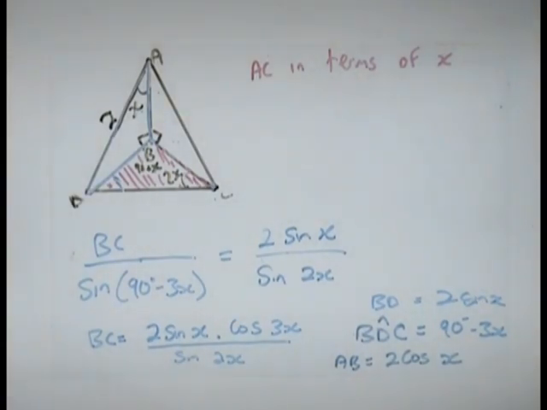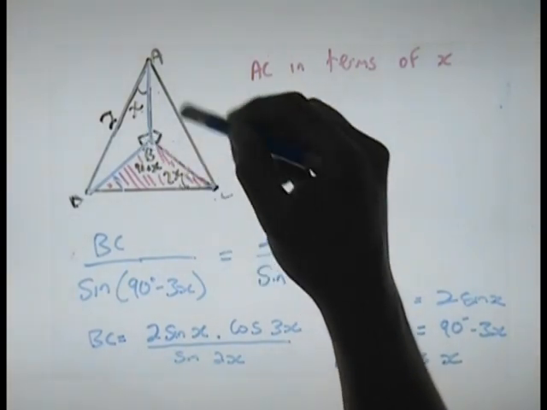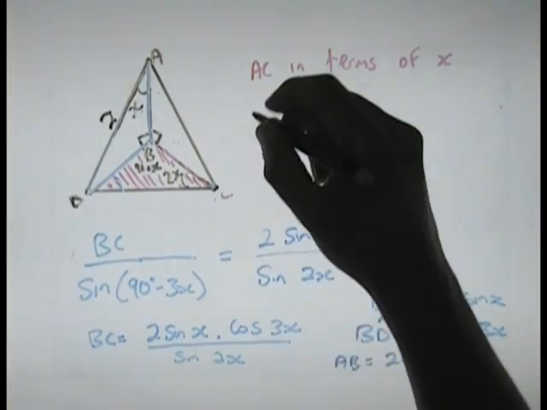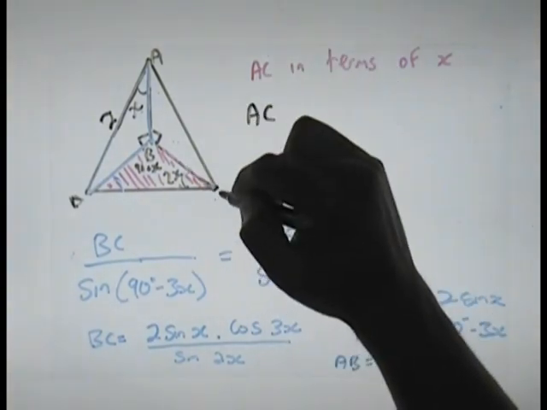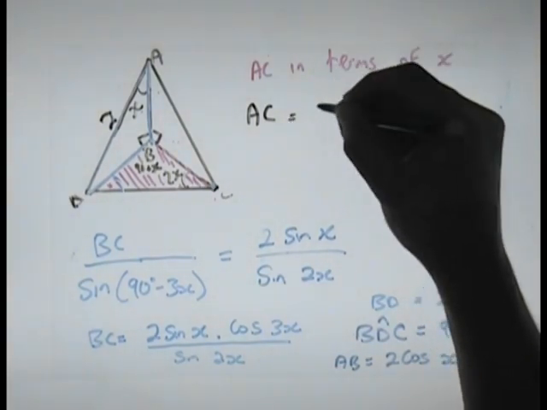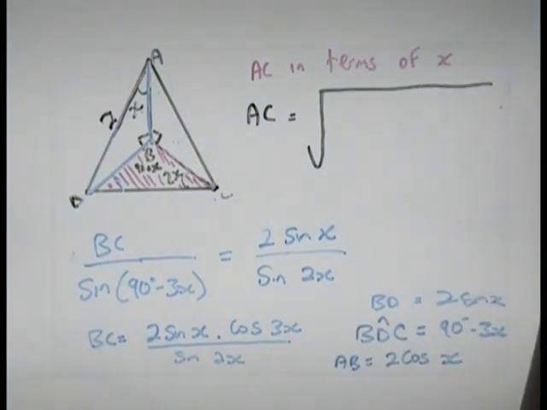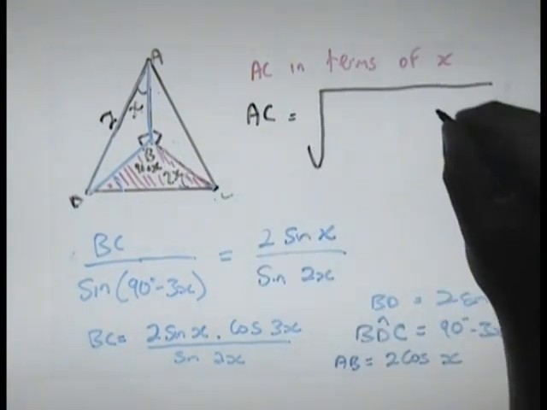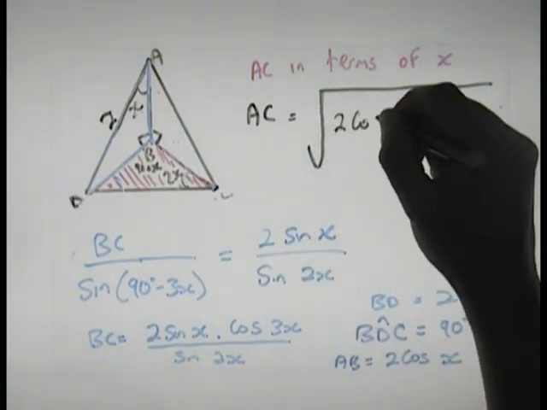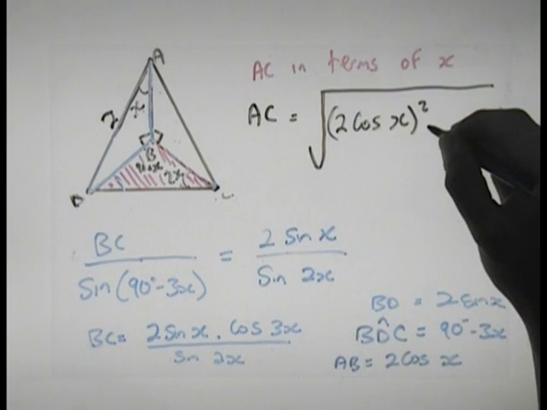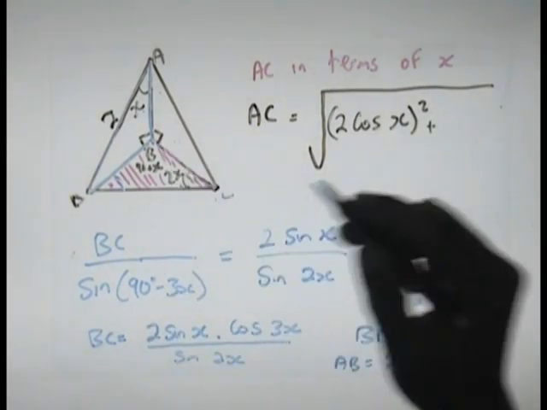So we've got BC, and now we've got AB and BC of a right angle triangle. That means that AC, what is AC of this right angle triangle? Our hypotenuse. That means that AC is equal to the square root of side squared plus side squared, which will be 2 cos x squared plus the other side squared.